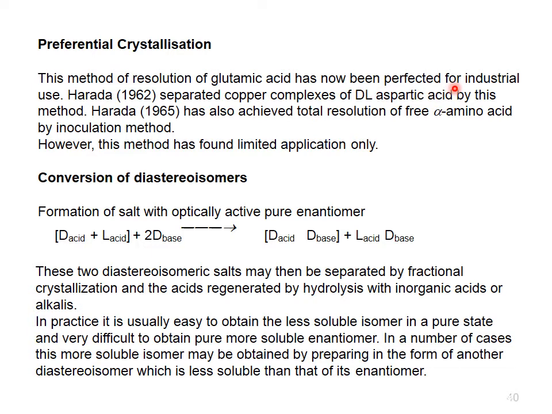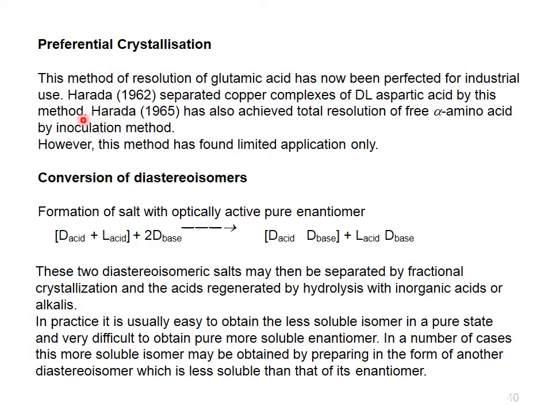In practice, it is usually easy to obtain the less soluble isomer in a pure state and very difficult to obtain pure more soluble enantiomer. In a number of cases, this more soluble isomer may be obtained by preparing in the form of another diastereomer which is less soluble than that of its enantiomer.